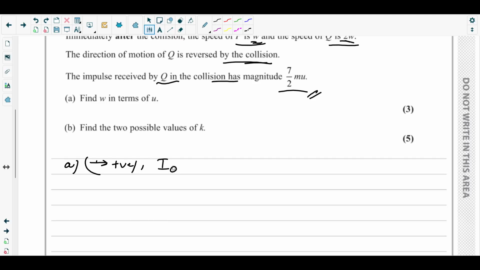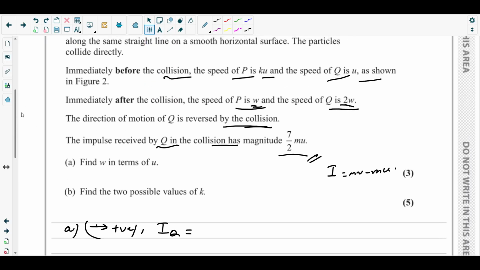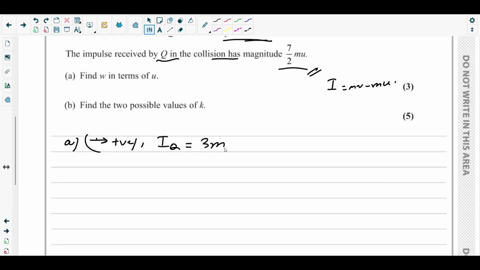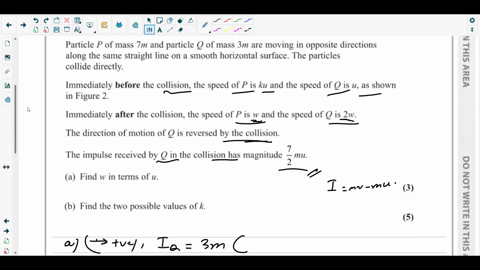Impulse on Q is its change in momentum, which is mv minus mu. The mass of particle Q is 3m, so 3m times the velocity after collision. What's the velocity of Q after collision?